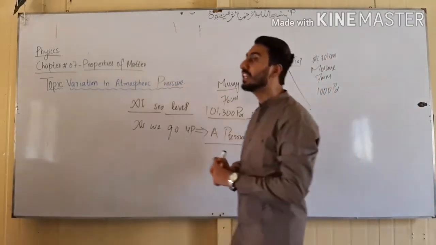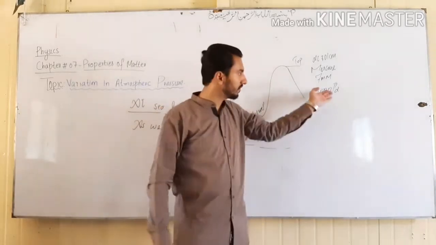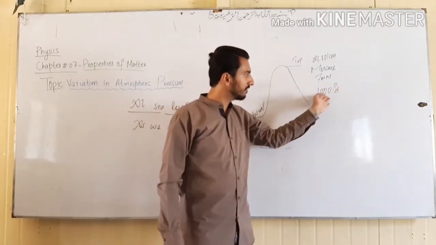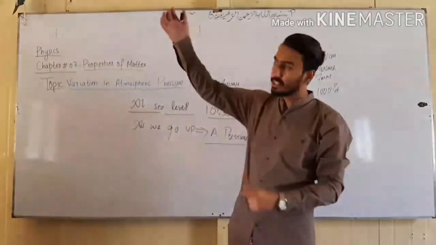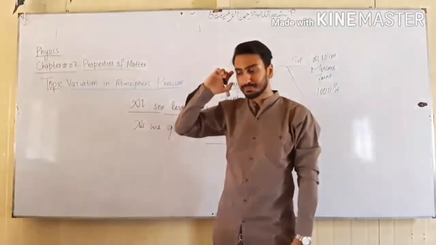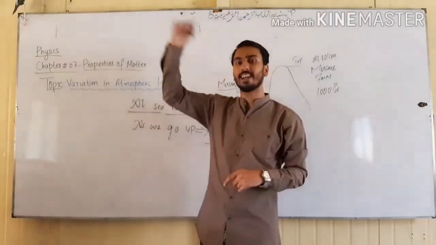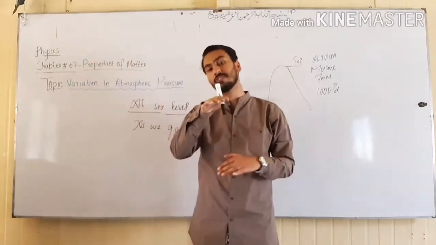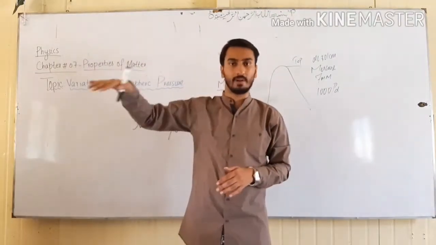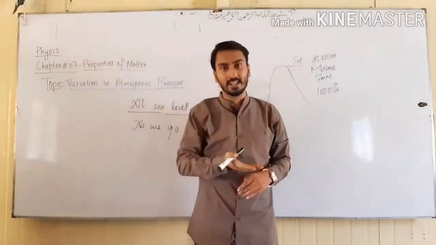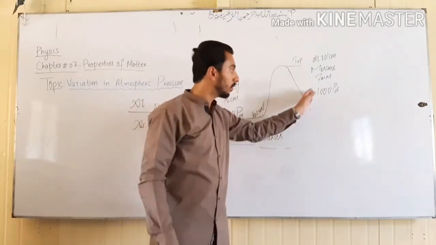At the height of 30 kilometer, the atmospheric pressure of mercury becomes 7 millimeter, which in the unit of Pascal is equal to 1000 Pascal. So students, remember that as we go higher and higher, at every 30 kilometer, atmospheric pressure decreases by 1000 Pascal.